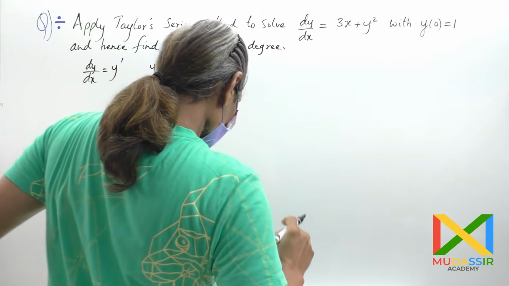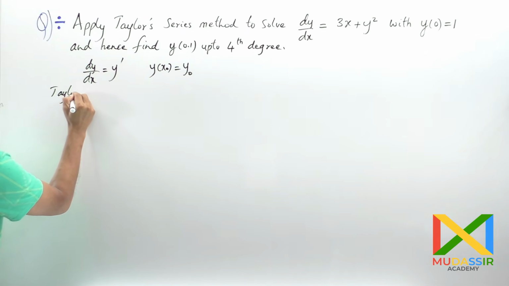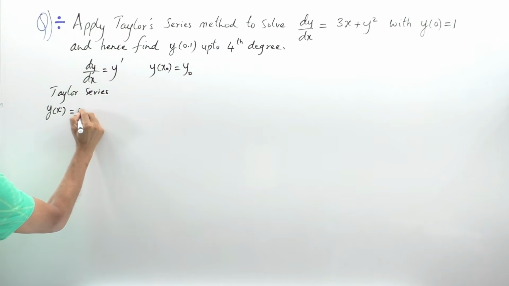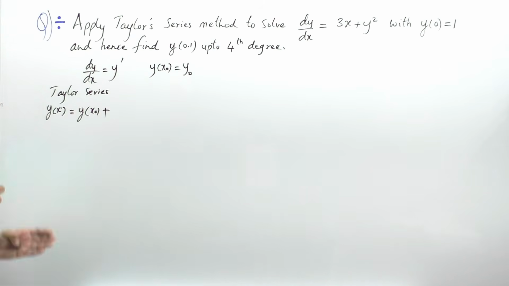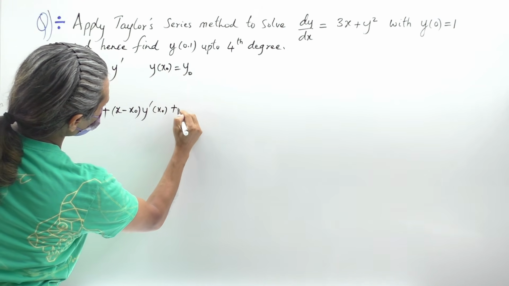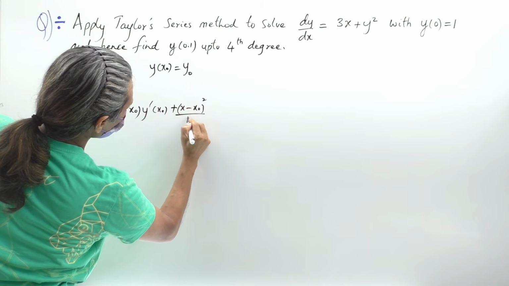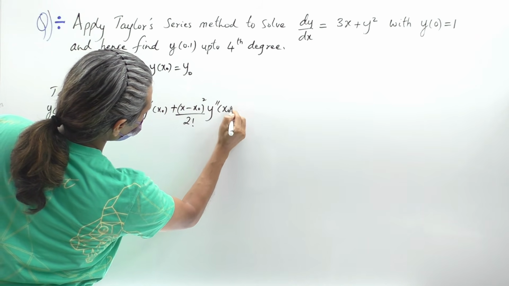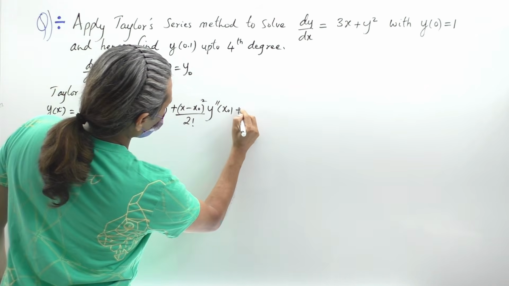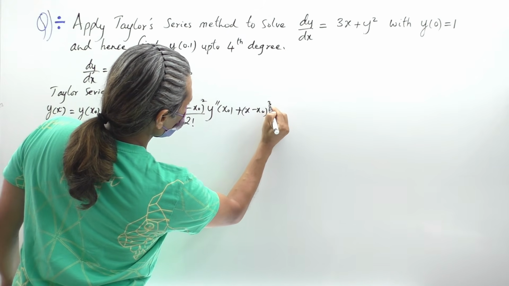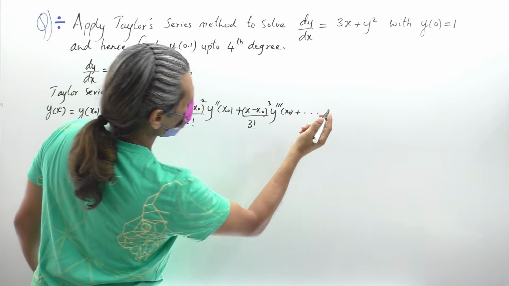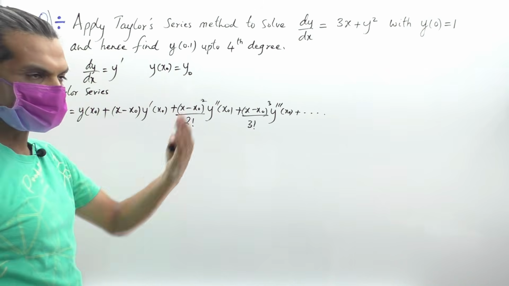Now, the Taylor series method formula is very simple: y of x equals y of x naught plus x minus x naught into y dash of x naught, plus x minus x naught the whole square by 2 factorial into y double dash of x naught, plus x minus x naught the whole cube over 3 factorial into y triple dash of x naught, plus so on. It continues up to whatever degree they say, 3rd degree, 4th degree, whatever.